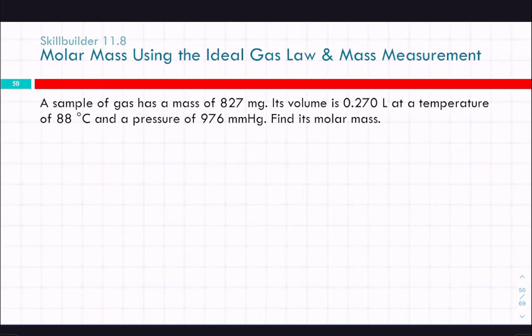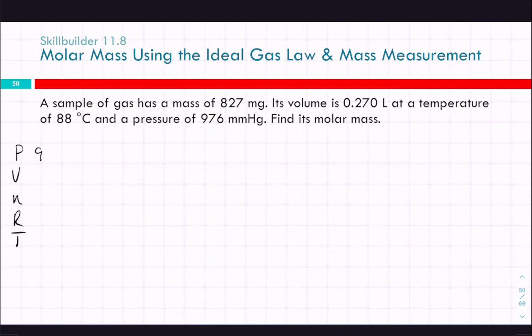Okay, so we've got another sample of gas weighing in at 827 milligrams. Its volume is 0.270 liters at a temperature of 88 degrees C, pressure of 976 millimeters of mercury. Find its molar mass. So let's write all these in. Should be noting there's a whole lot of repetition to these.